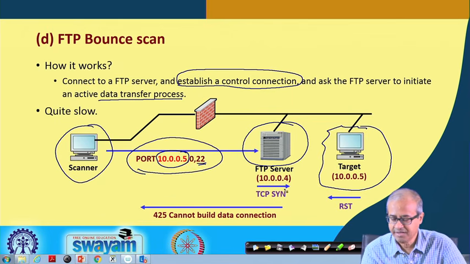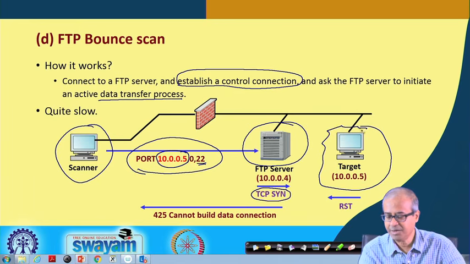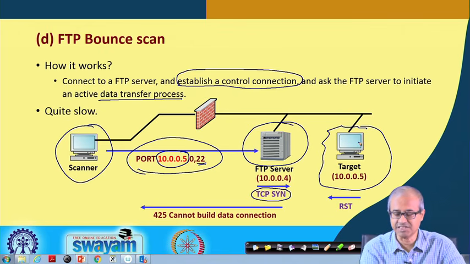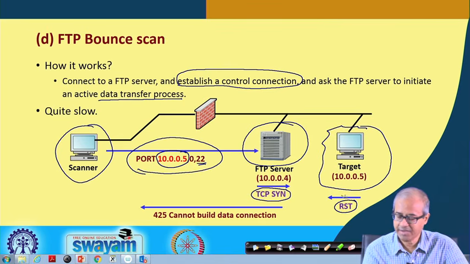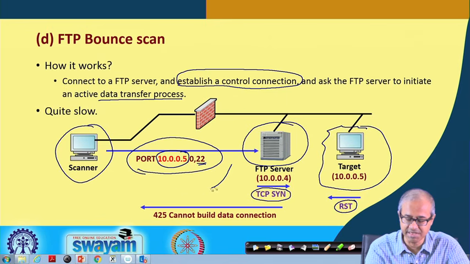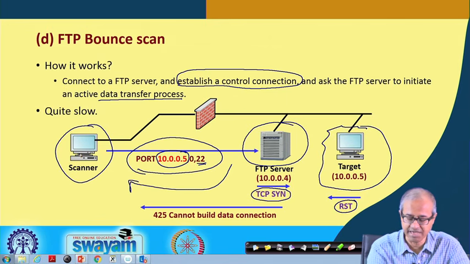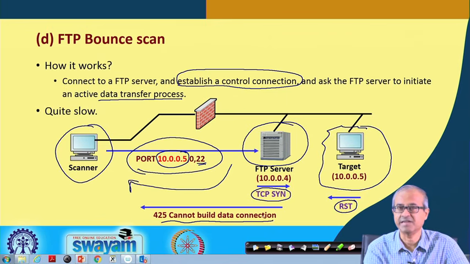That means this will be a TCP connection again. So, it will be sending a TCP SYN packet, but the target, you see, the connection was established with the FTP server, the target does not know about it. The target will send back a reset packet to reset the connection. When it comes back to this FTP server, it will send back a message to the scanner that it cannot build a data connection.